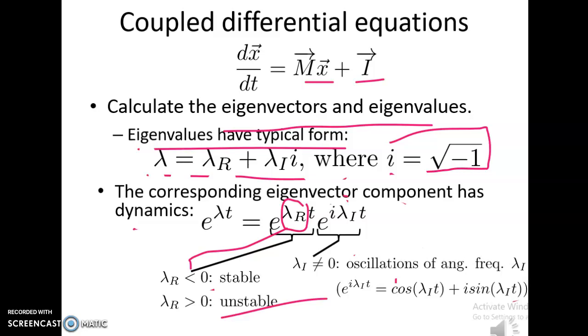Lambda_i not equal to 0 means oscillation of frequency lambda_i: e power i lambda_i t equal to cos lambda_i t plus i sin lambda_i t.